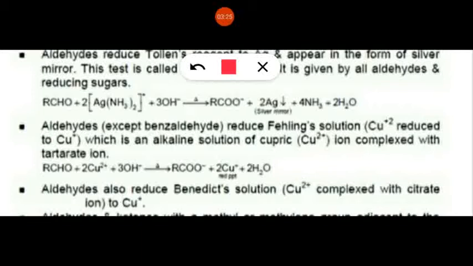And here one more test I will introduce, that is for the carbonyl group in aldehyde. How will you know there is a carbonyl group? There is a test just for the carbonyl, the CO group.